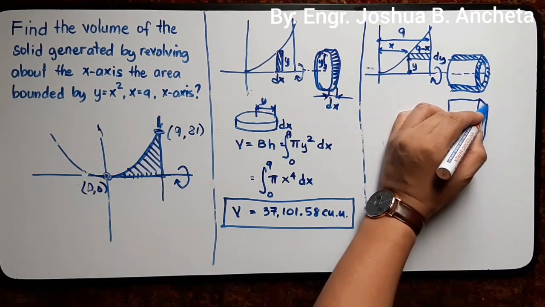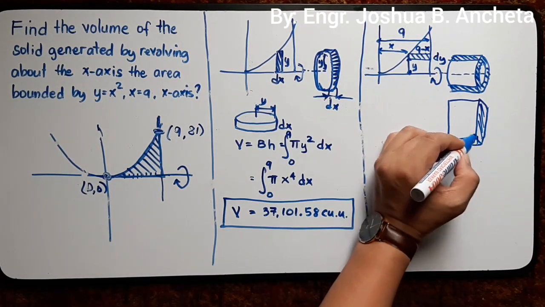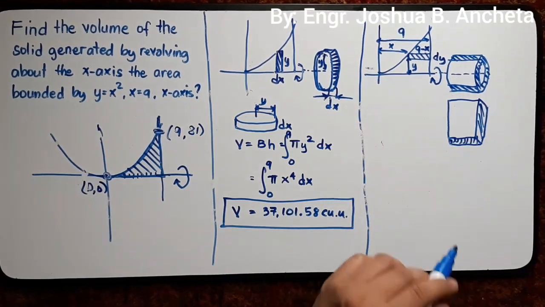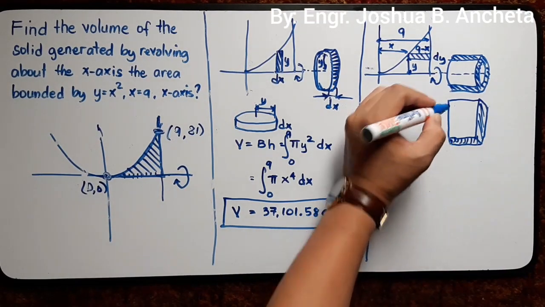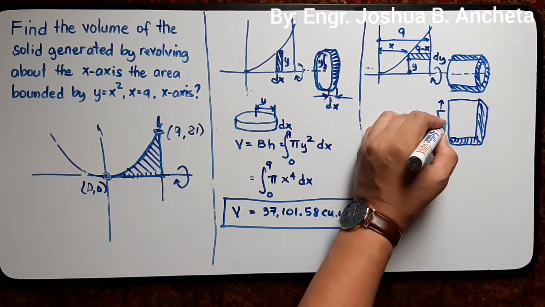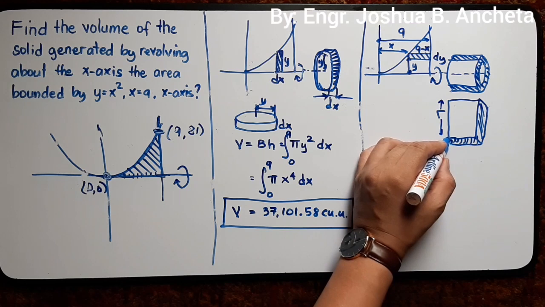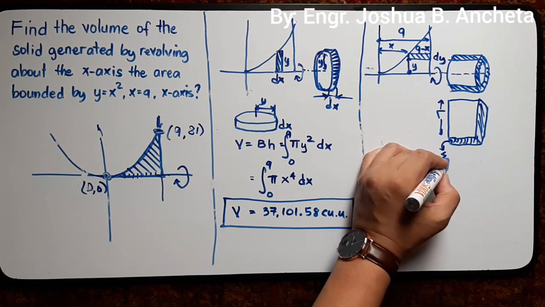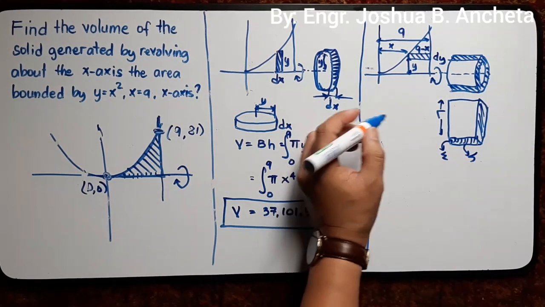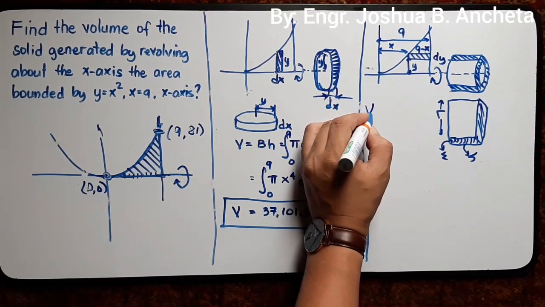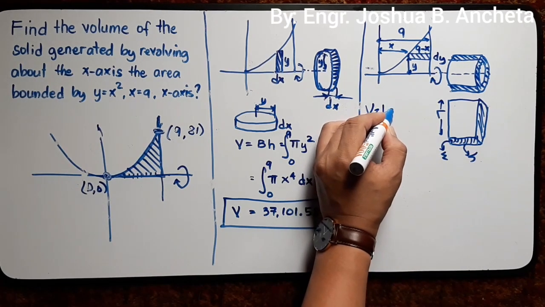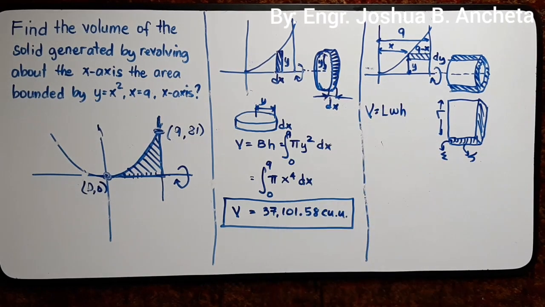It will yield a solid with a length, a width, and a height. The volume of this figure is simply length times width times height.